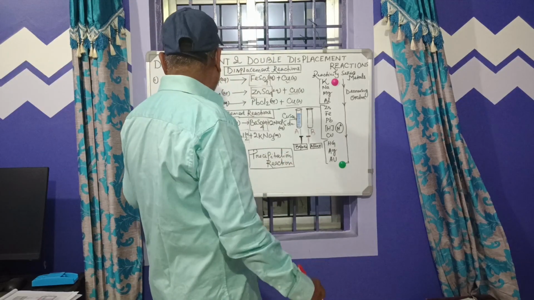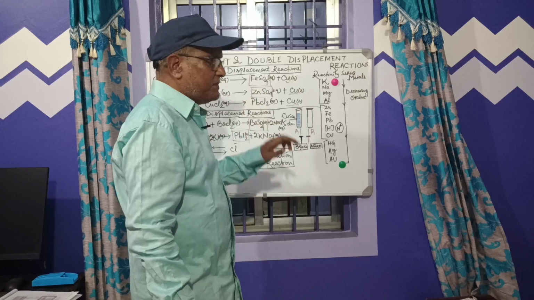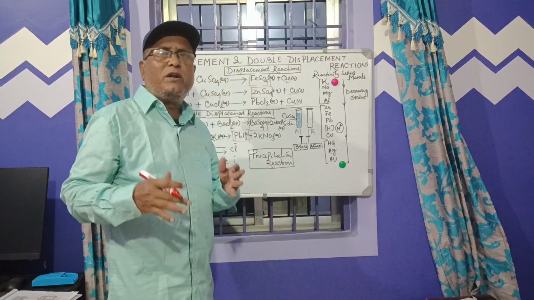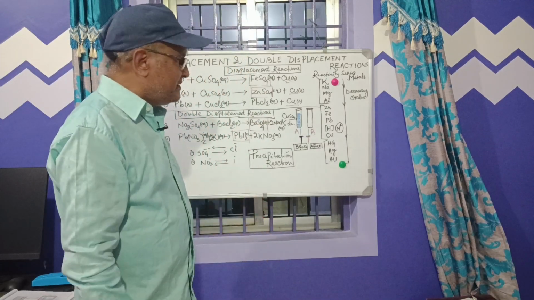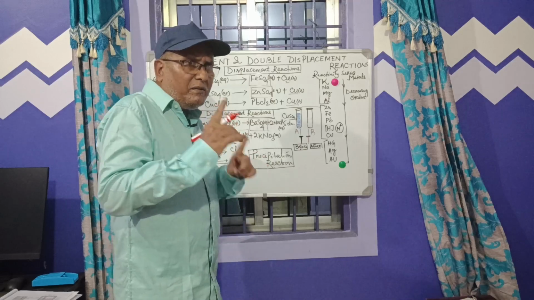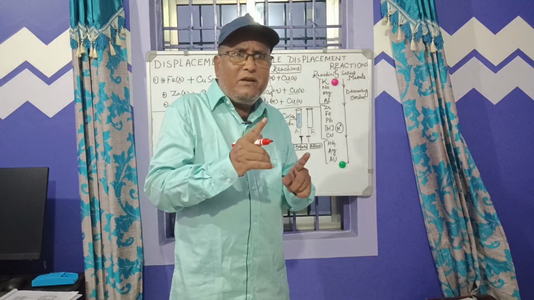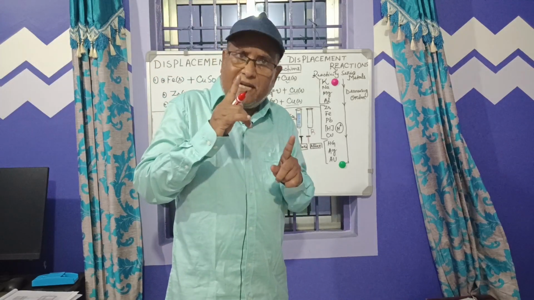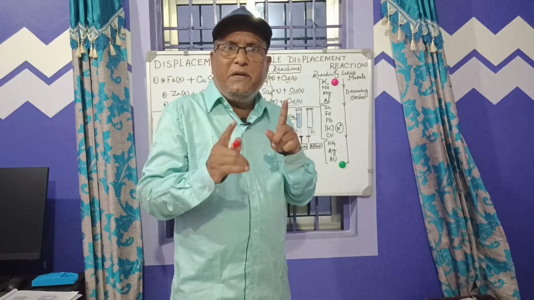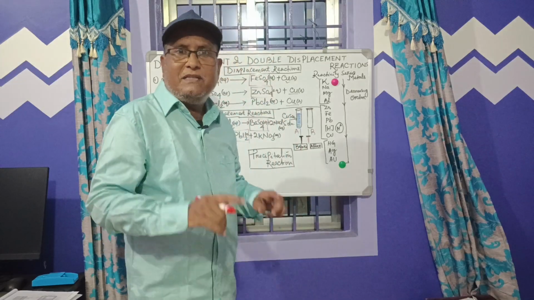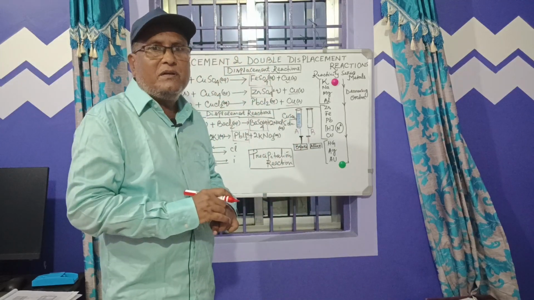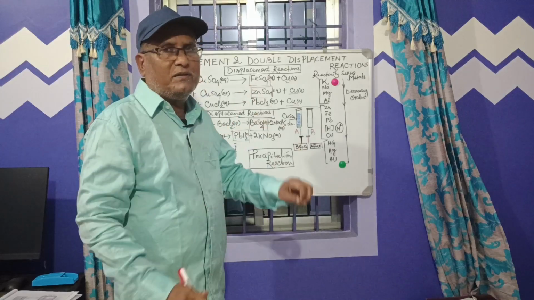Now let's come to double displacement reactions. Why is it called double? Here, exchange of ions takes place between two reactants. This is the key concept of double displacement reaction.